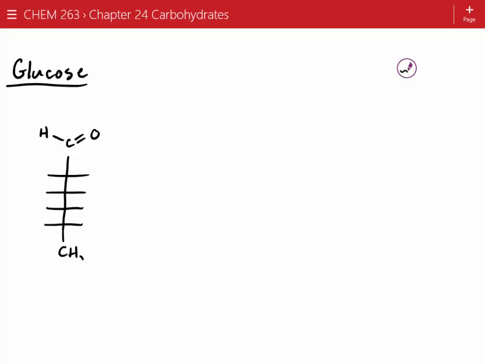So we've got CH2OH on the bottom. All of these carbohydrates have that CH2OH on the bottom. And then we've got an OH, H, OH, OH, H, H, OH, and H. So this is D-glucose.